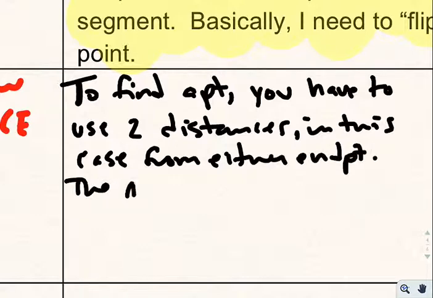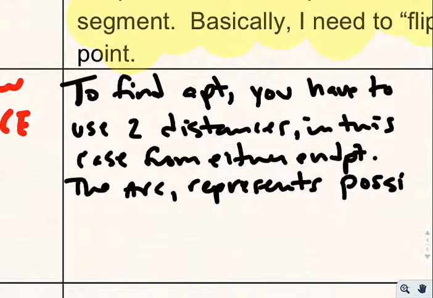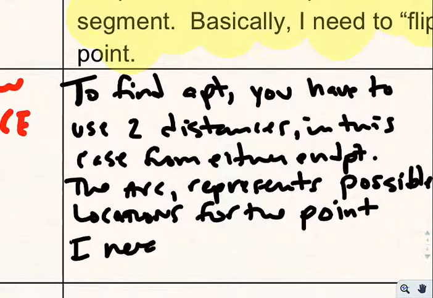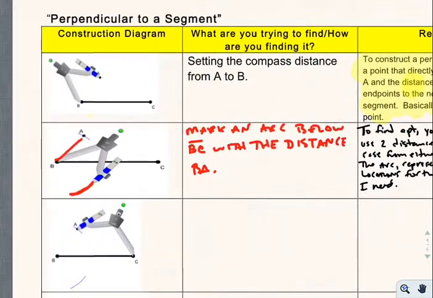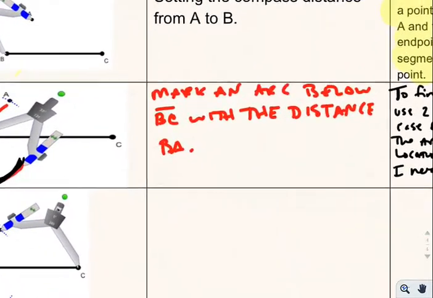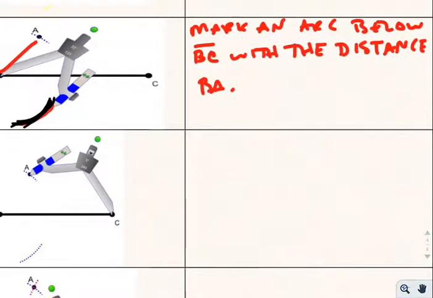The arc I cut represents possible locations for the point I need. I know the point I'm looking for is somewhere along this arc. I don't know where it is because it's only one distance, but that's why I need to find the second distance. In fact, look, I'm finding a second distance right now.